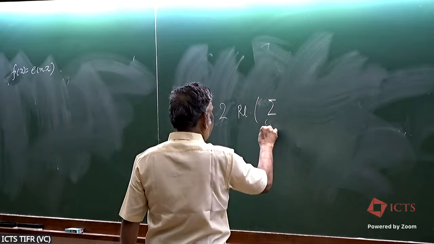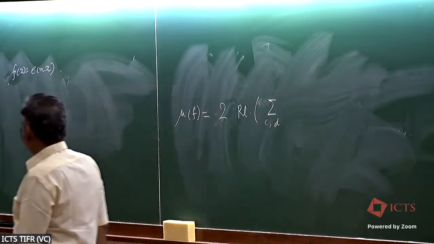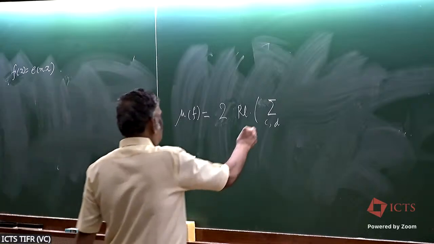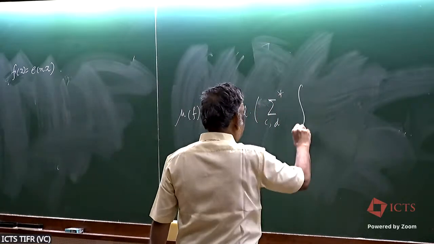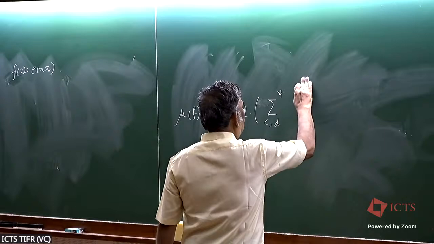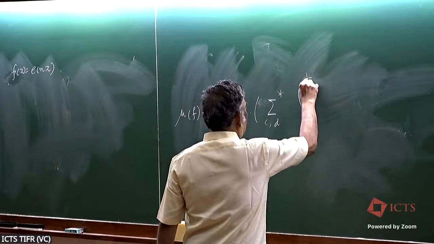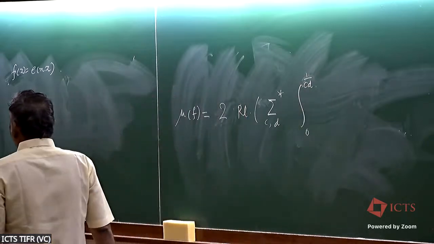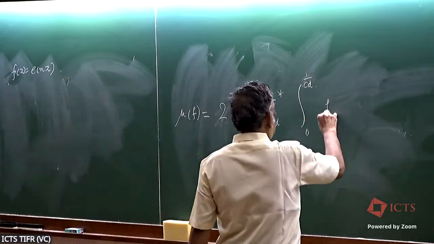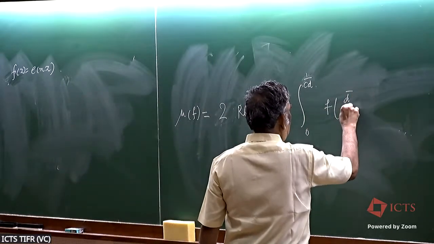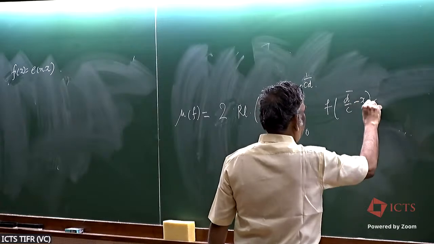The first form I take, the summation is over cd star, of course, and then you have an integral 0 to cd, 1 over cd, f of d bar by c minus x dx.